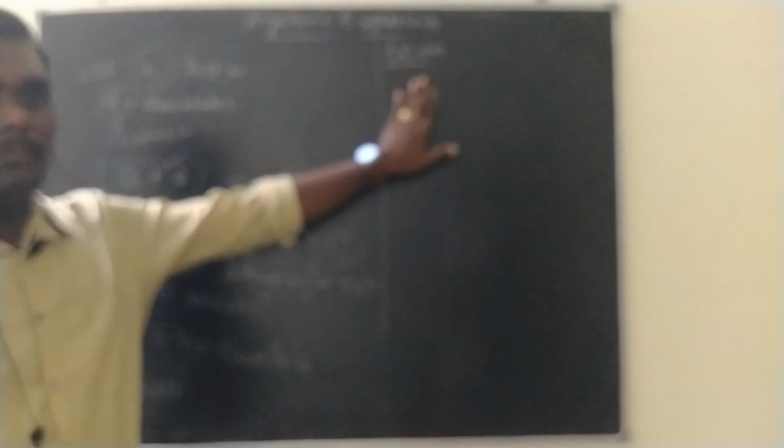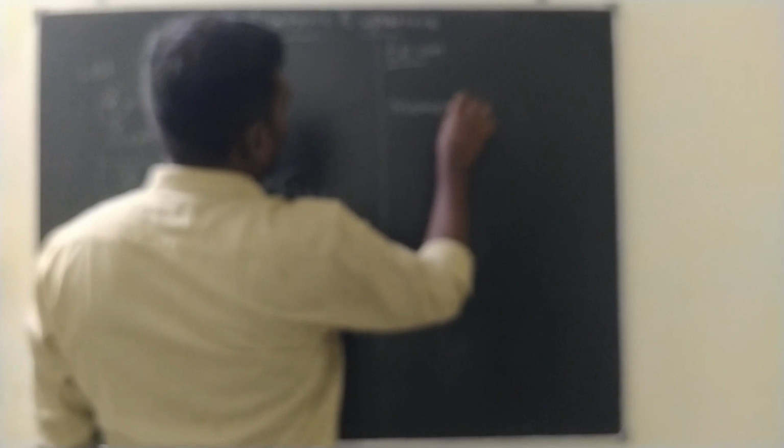Now we see what a term is. Constant and variable combined together is called a term. In that term, if it follows the definition of a polynomial, where the power of a variable involved in the product is a whole number, then we call the term a monomial.